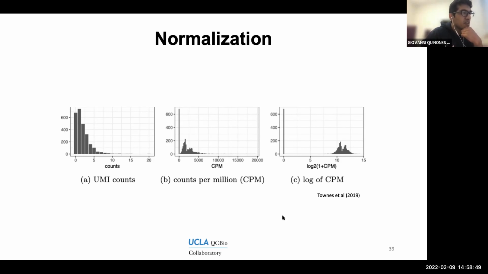But for now, the point I wanted to make is that when you transform this data, you're really creating this division between the 0 counts and whatever is greater than 0. And even more so when you get your log2 of the CPM value + 1.